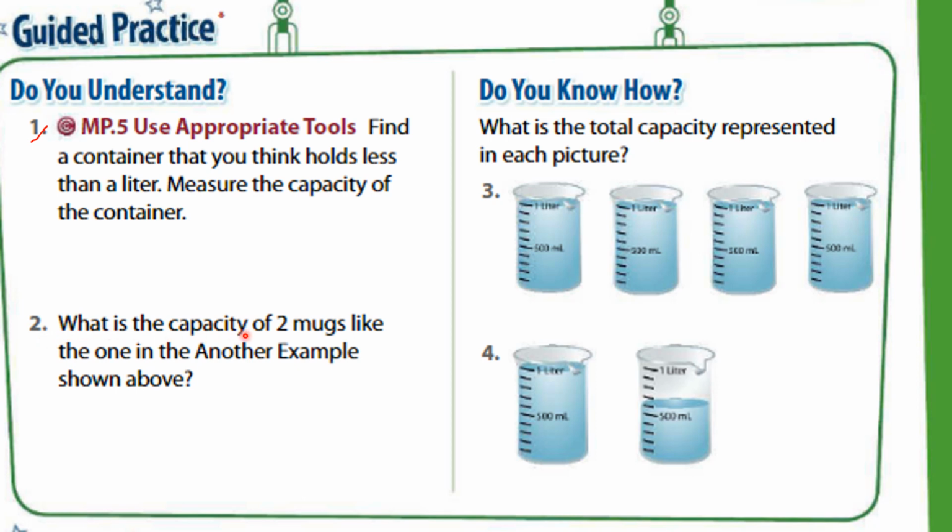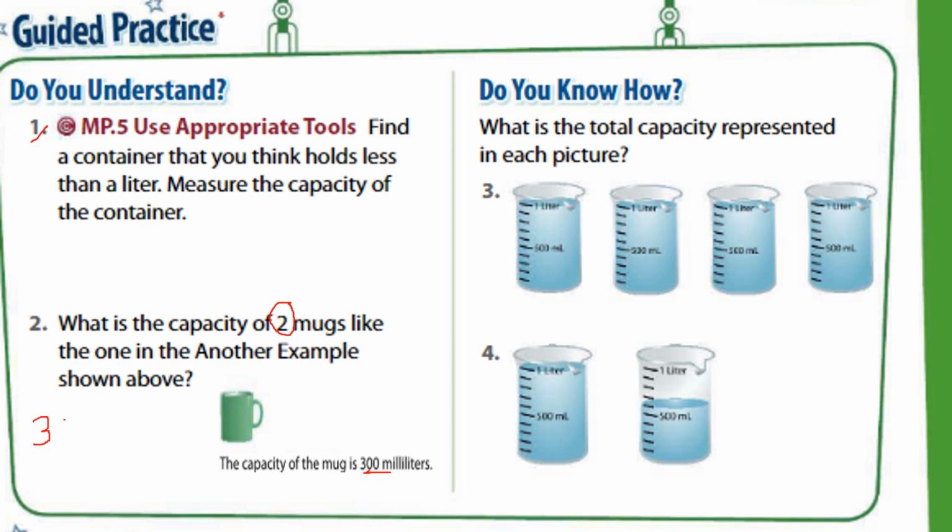Okay, question 2. What is the capacity of 2 mugs like the one in the example shown above? So this question is related to this mug, which you can see above here, and it is written that the capacity of the mug is 300 milliliters. So quickly tell me, if one mug's capacity is 300, so 2 mugs will have how much capacity?